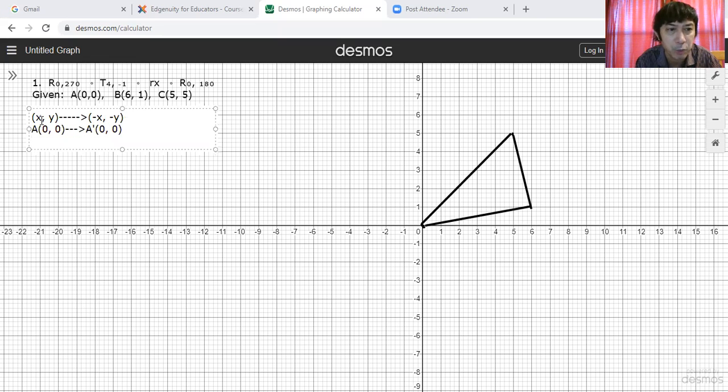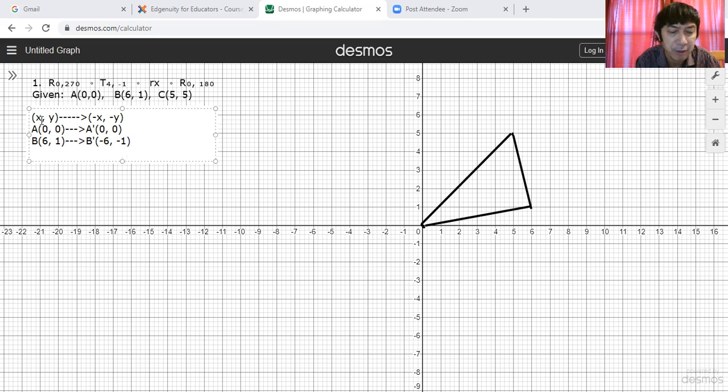And then our next point B, which is at 6, 1. And we will have the next set of points, B prime, for the first transformation, rotation. And that 6, 1 will just become negative 6 and negative 1 there.